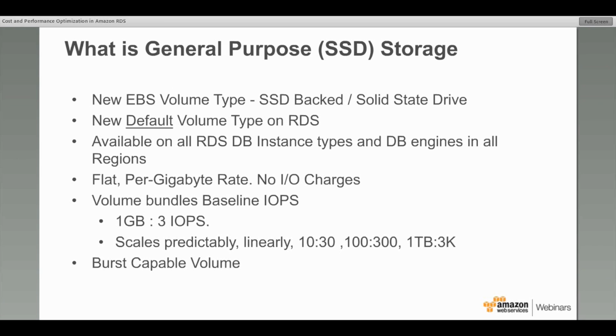Then, of course, the general purpose storage is also burst capable of up to 3,000 IOPS for limited periods of time. So if you have a very bursty workload, customers will choose general purpose storage to be able to accommodate the steady state as well as the burst transactions against that database system. And by bursting, it could either be increased in terms of users or it could be something like data loads. And I'll cover a little bit more detail of that here in a second.